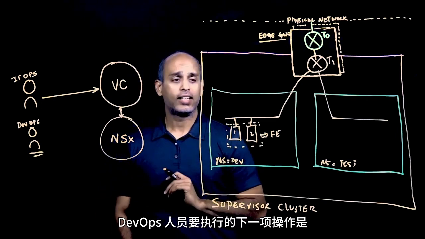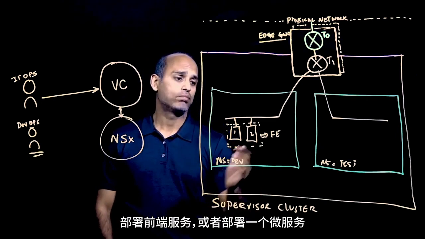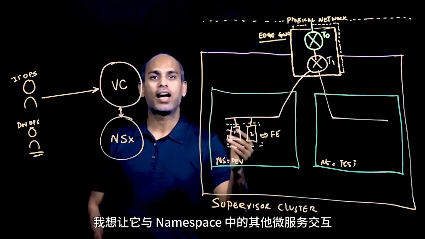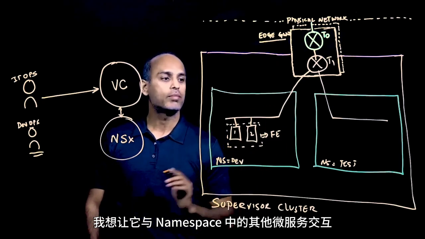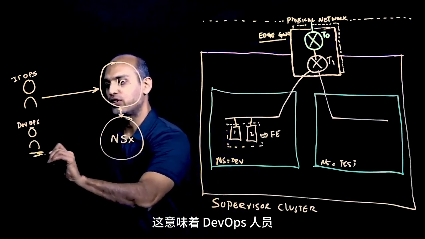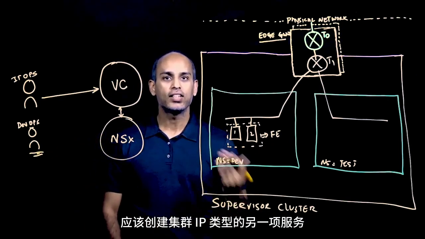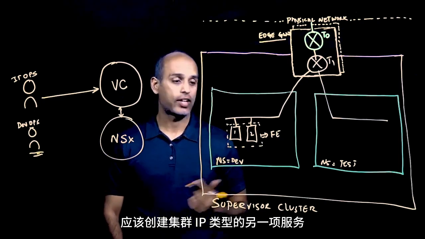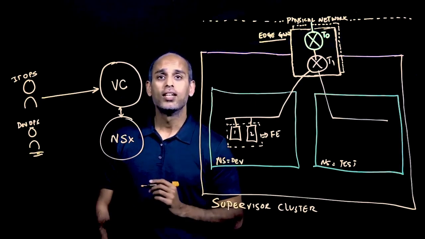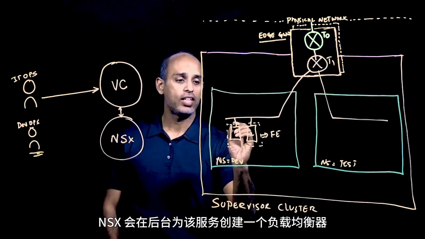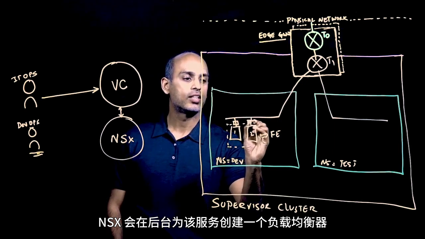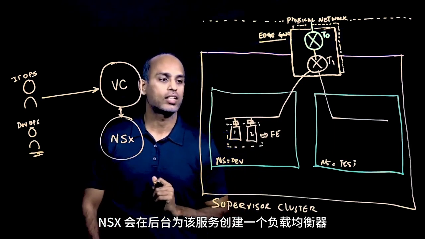The next thing that the DevOps person would do is, hey, this is a front-end service, one of the microservices, and I want it to interact with another microservice within the namespace. So that means the DevOps person should create another service of type cluster IP. The moment he deploys a service of type cluster IP, NSX behind the scenes would create a load balancer for this service.